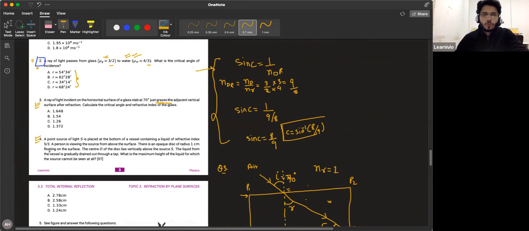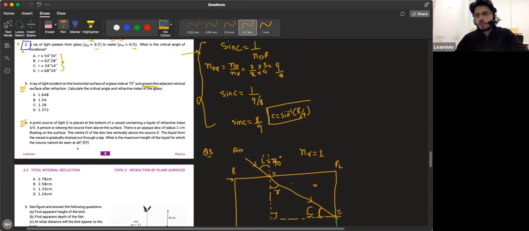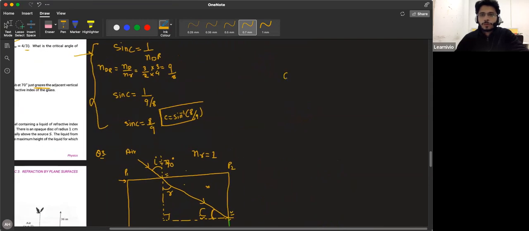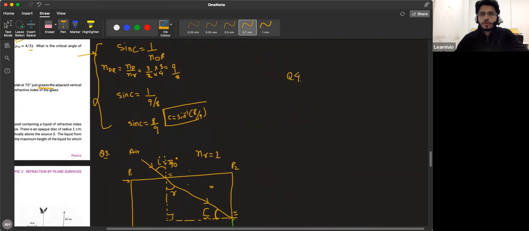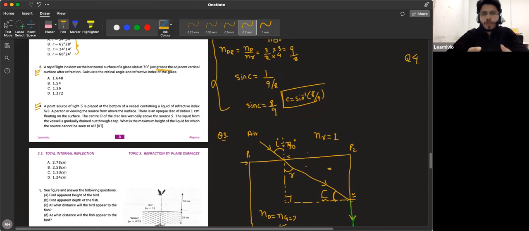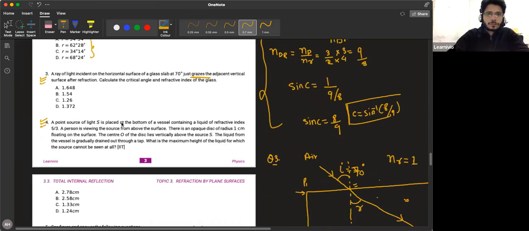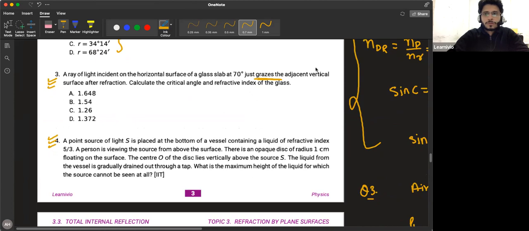So question number 4. What does question number 4 essentially say? Just read this question, make a rough sketch of it, then we'll solve it. No need to write the question. You have this assignment. Just write the question number and try to make a rough sketch of it.